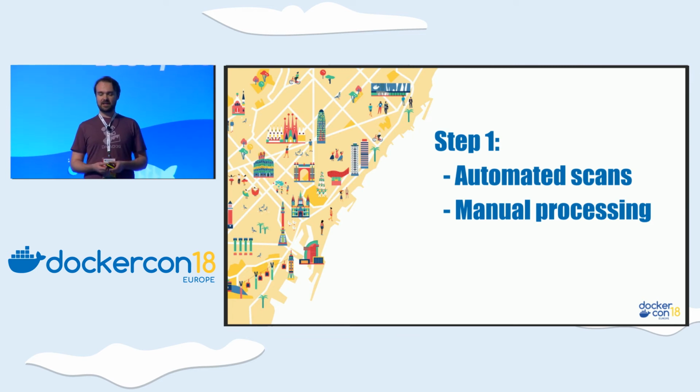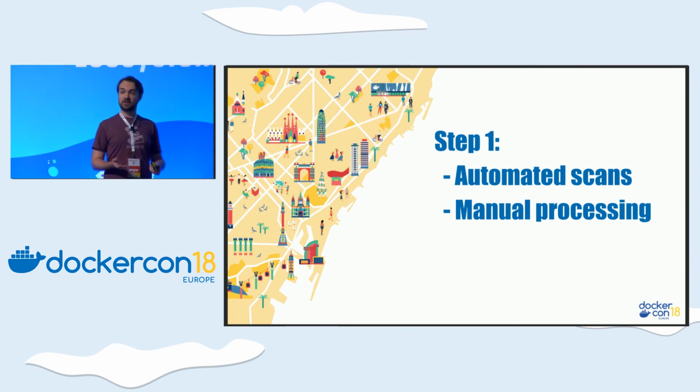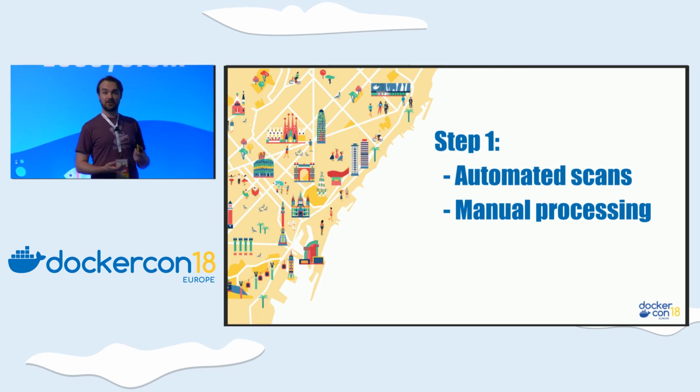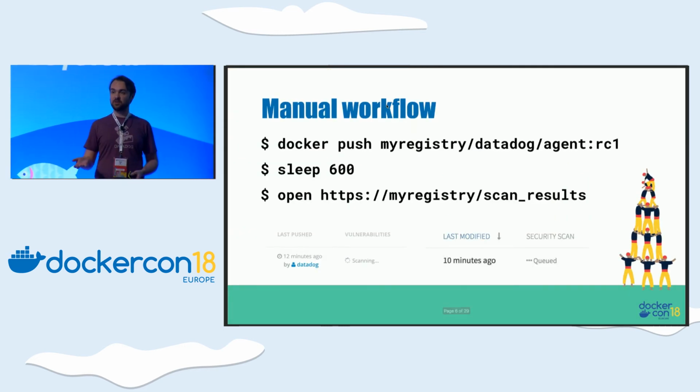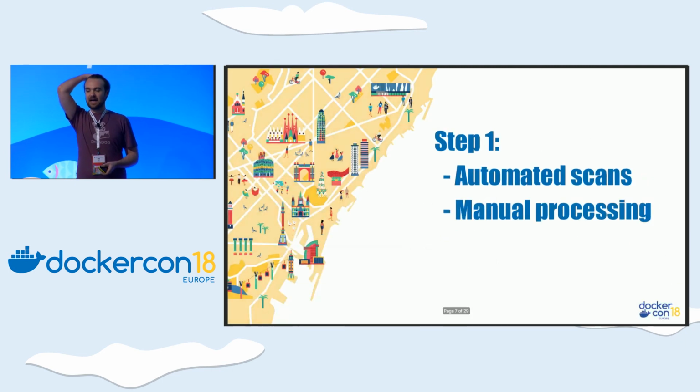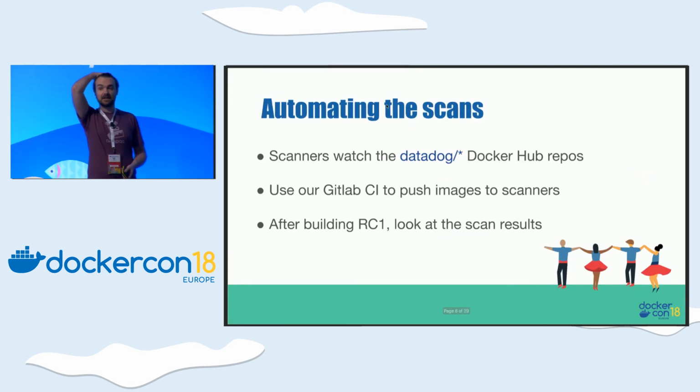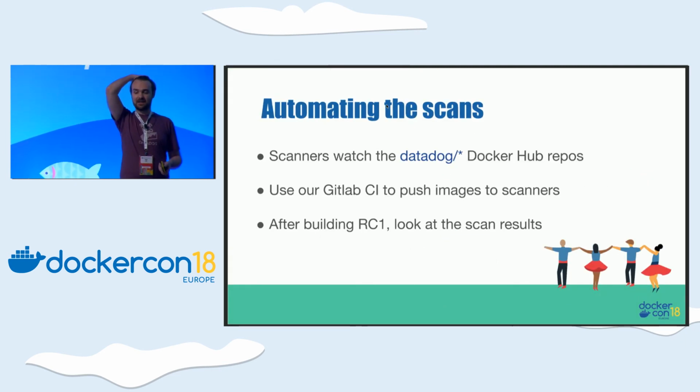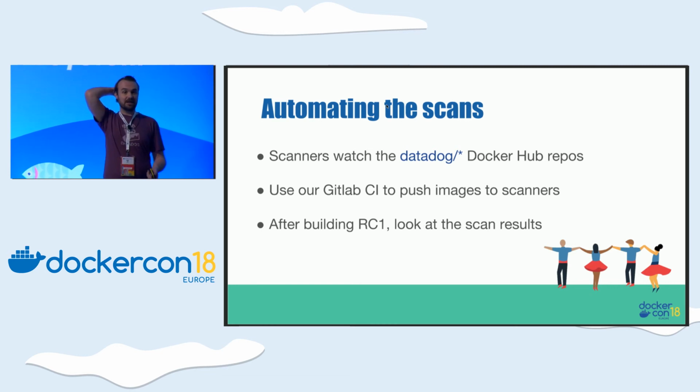So we decided, okay, how can we automate the process to make it easier for us to have these results? So we started with automating the scan itself. You saw I was manually pushing with my Docker CLI. I have a CI, a GitLab CI. So we set the GitLab CI to push images to the scanners directly.